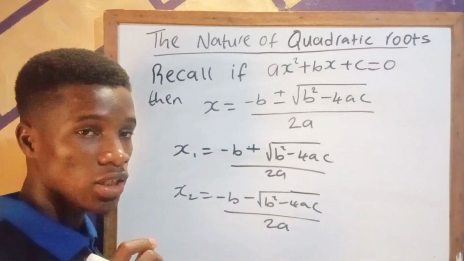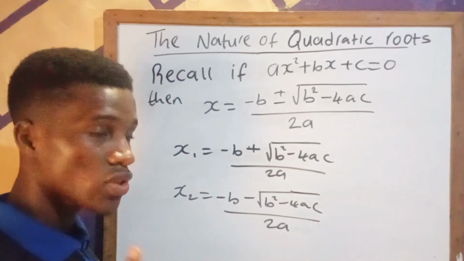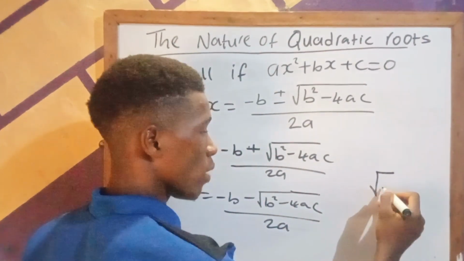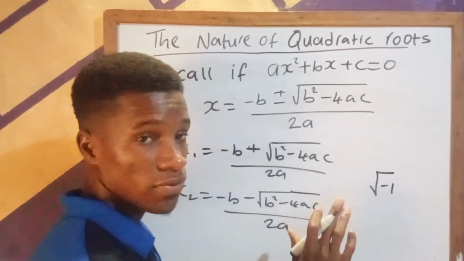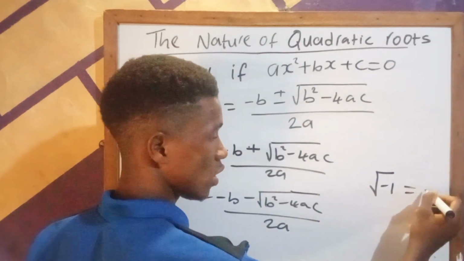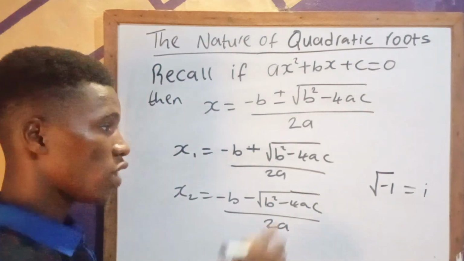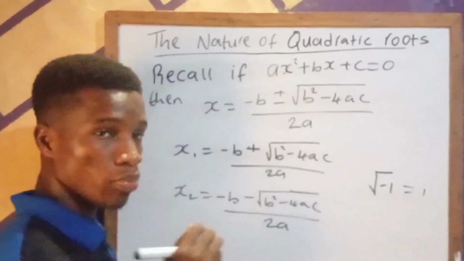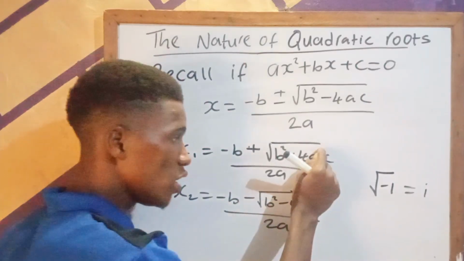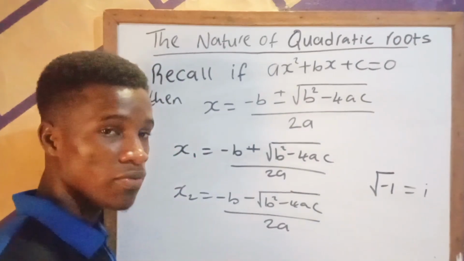But now there's something even more interesting that gives us a lot of details. First thing you have to notice is when you have a square root of a negative number, from the number system we did, we saw that the square root of negative 1 is equal to i, right? That's the imaginary number. So this square root is now pointing us towards the direction that something very interesting could happen if these factors behave in some way.